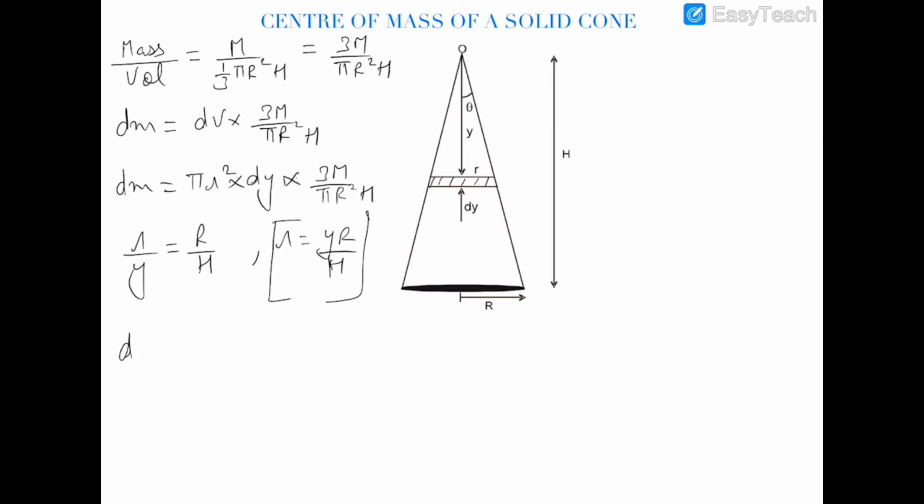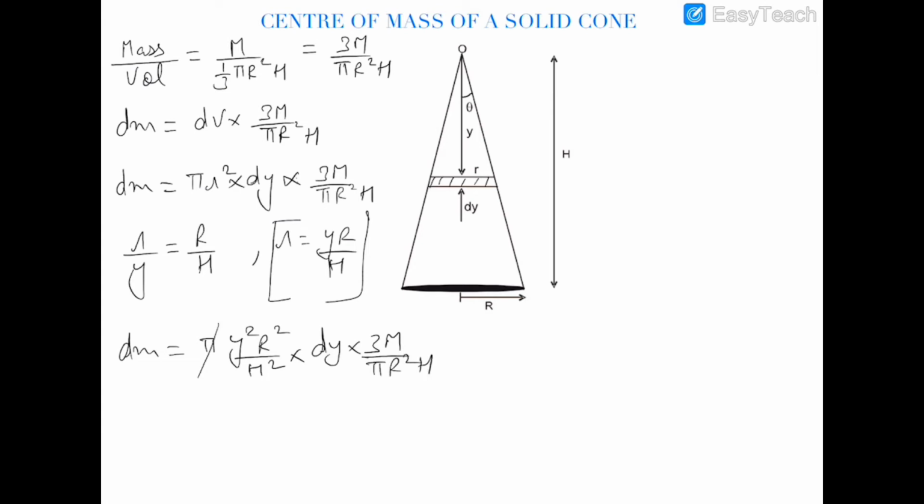So dm is equal to pi r square dy into, now the value of r square is equal to y square R square by h square, into dy into 3m upon pi R square h.